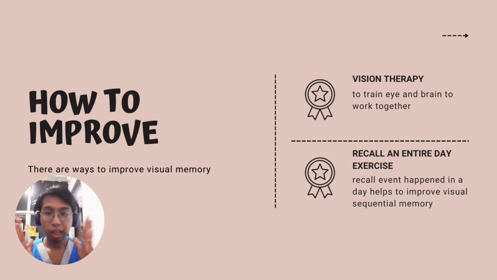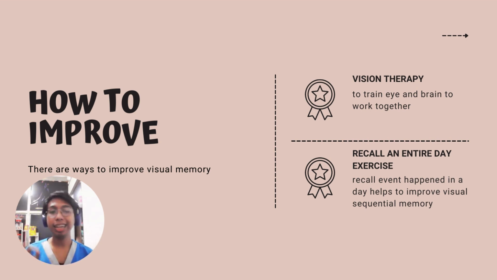If we don't train our eyes, how can we visualize things? How can we see things? Because there are so many things that we want to visualize and see, and then capture the information into our short term and long term memory storage. So vision therapy helps a lot in training your eyes and also in cognitive skills, such as to recall, to memorize, and all that stuff.